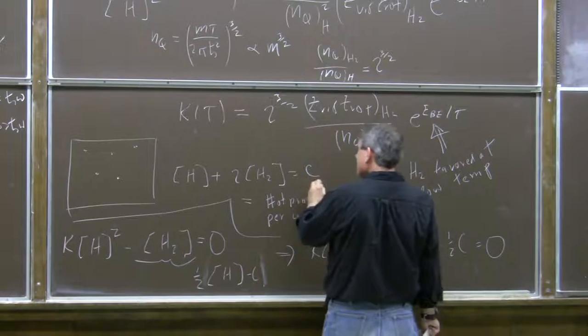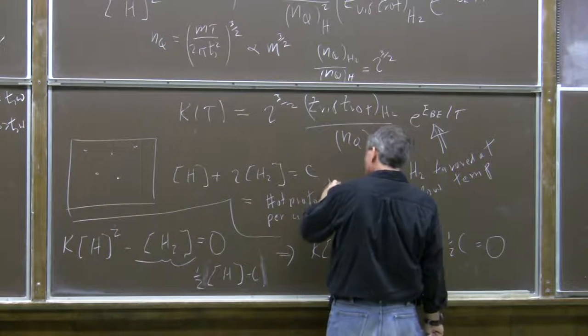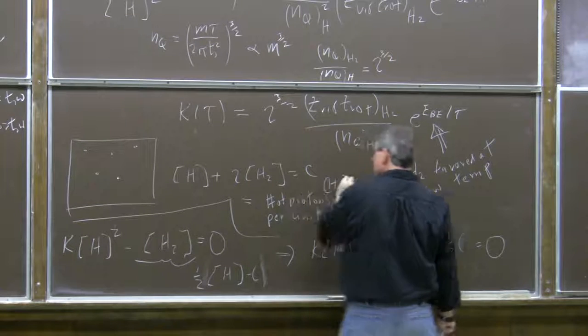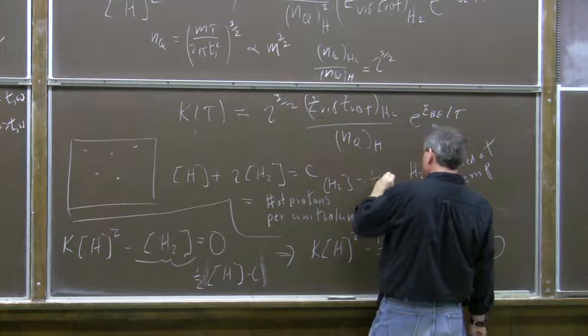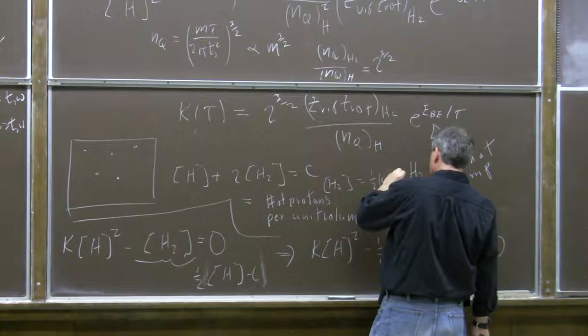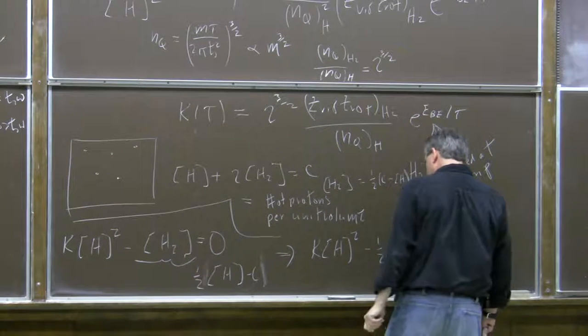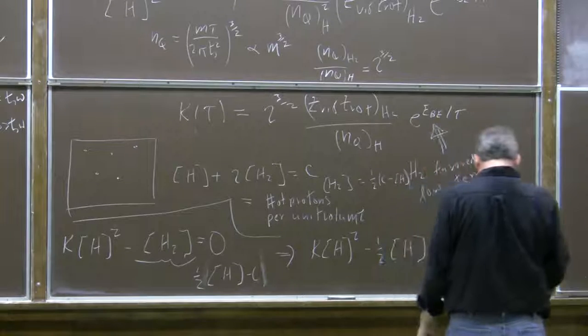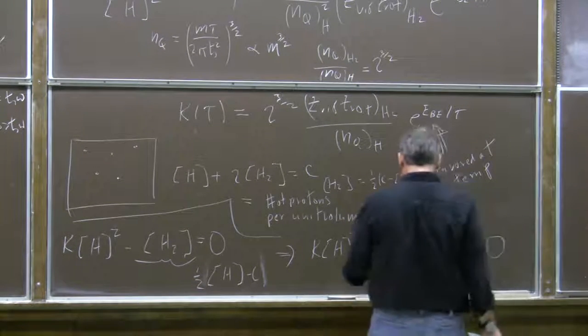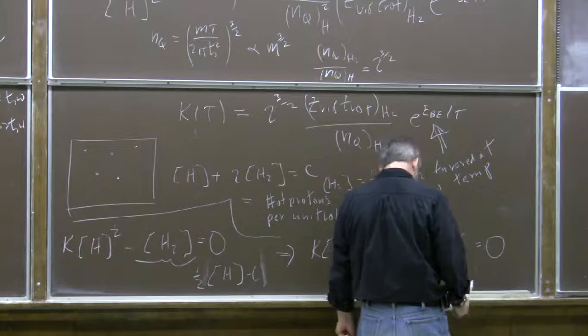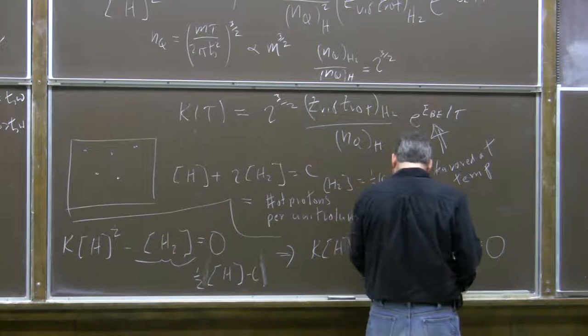So, okay. So H2 concentration is 1/2 C minus hydrogen concentration. And so this is actually a plus sign and this is a minus sign. That's right.